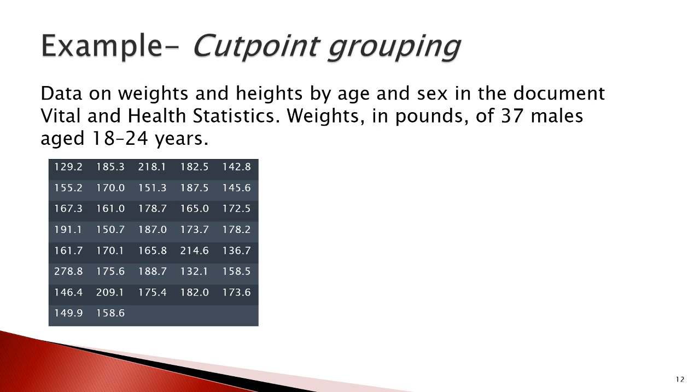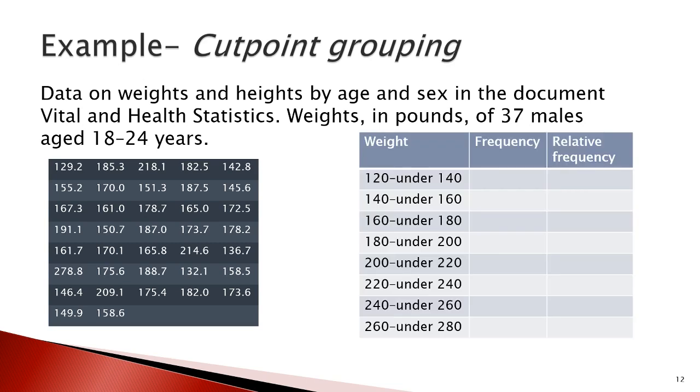So there are 37 data. The weight is categorized into several cut point groups: 120 under 140, 140 under 160, 160 under 180, like that. And then we are going to calculate the frequency of each of these categories.